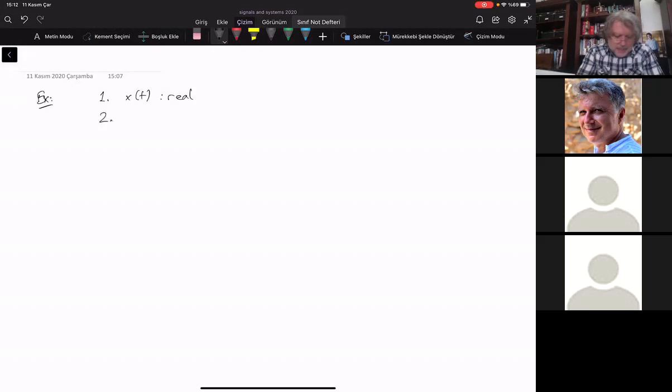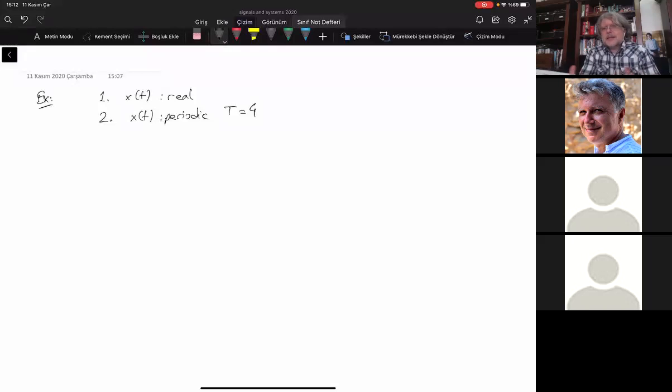The second, it is periodic. That's also a good assumption or a good observation. And somehow we managed to determine the period. Maybe from peak to peak we are able to make a measurement, and the distance between two peaks happened to be 4, let's say 4 seconds.